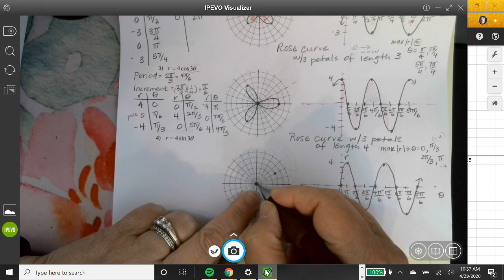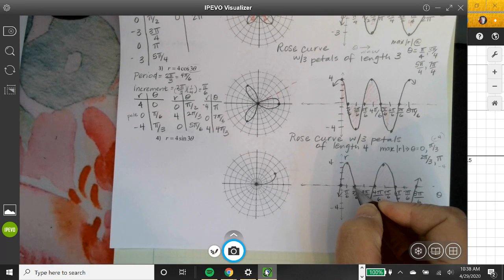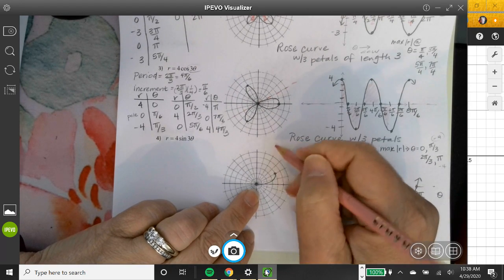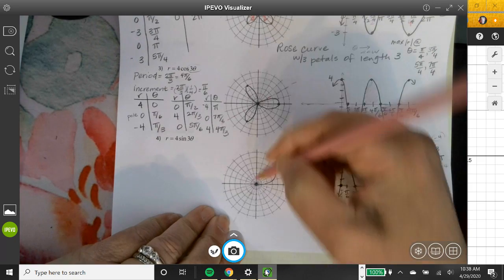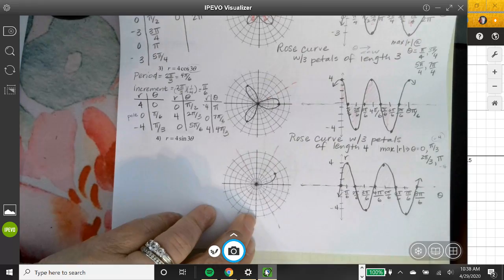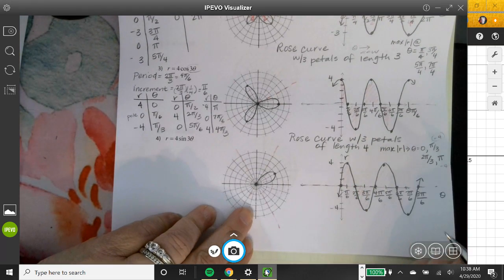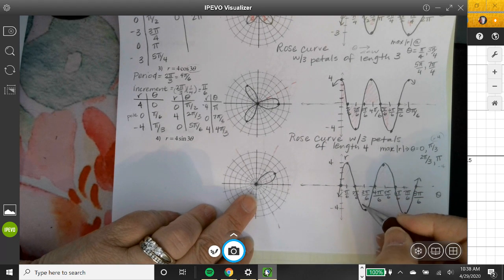So I'm going to go out radially to pi over 6, and then before I get to 2 pi over 6, which is pi over 3, I'm going to put this pi over 3 here. It might help if we have all the pi over 3s on here. You're going to go back to the pole before you get to pi over 3, because the pole is at pi over 3.